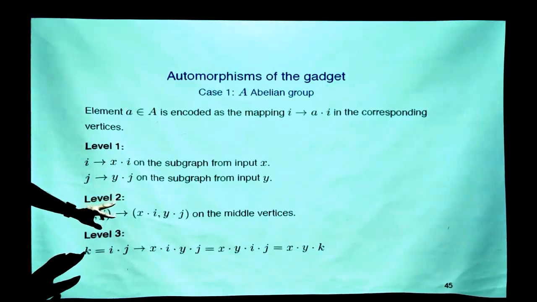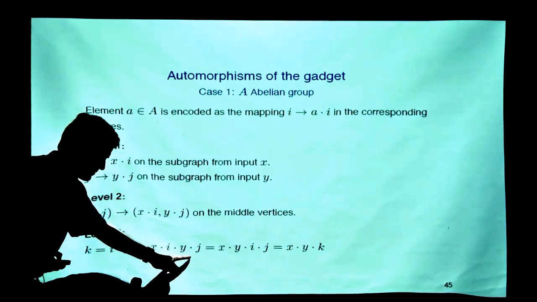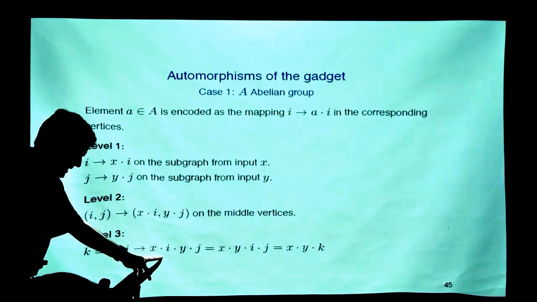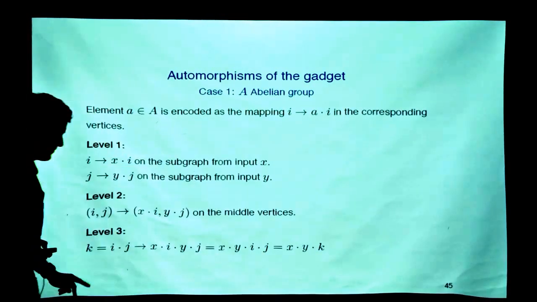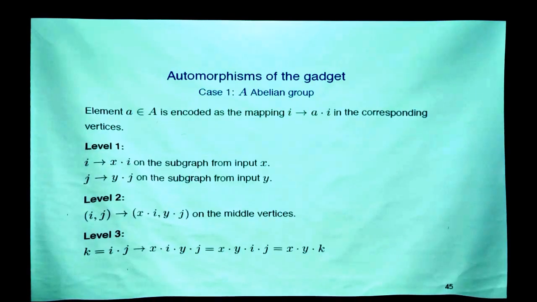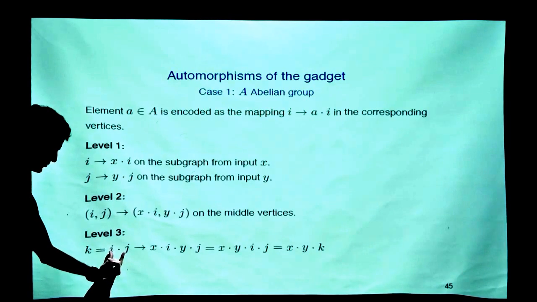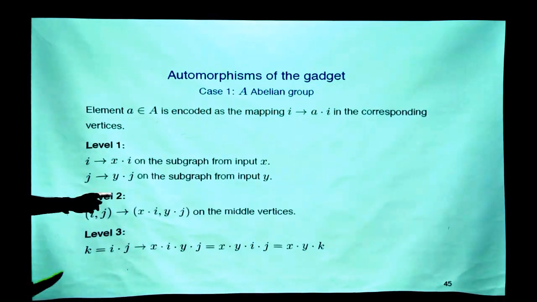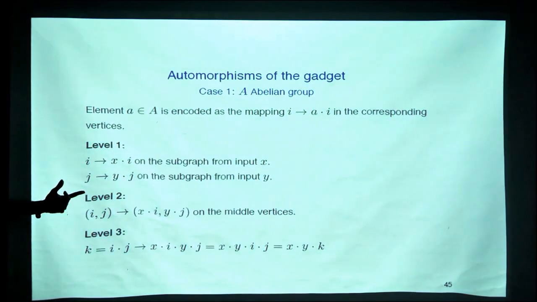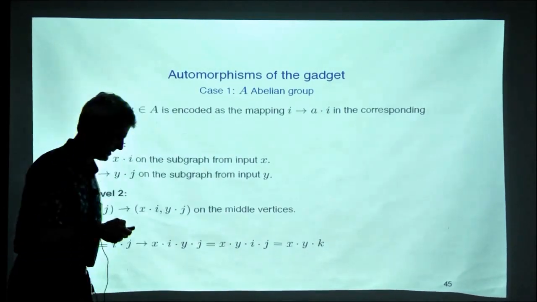Level 2 is multiplication, and in level 3, because the group is abelian, you can commute. And so an element that can be decomposed into this i and j is mapped to the origin, i, j.